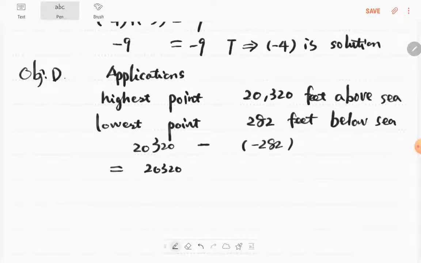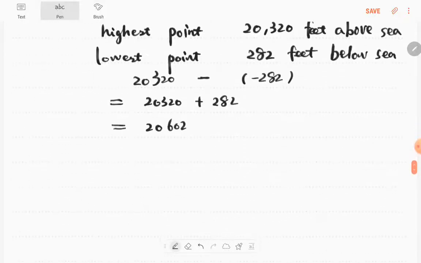Minus a negative number is just like plus a positive number. So this will be our answer. Again, minus a negative is just like plus the opposite of this negative number, that will be plus a positive number.